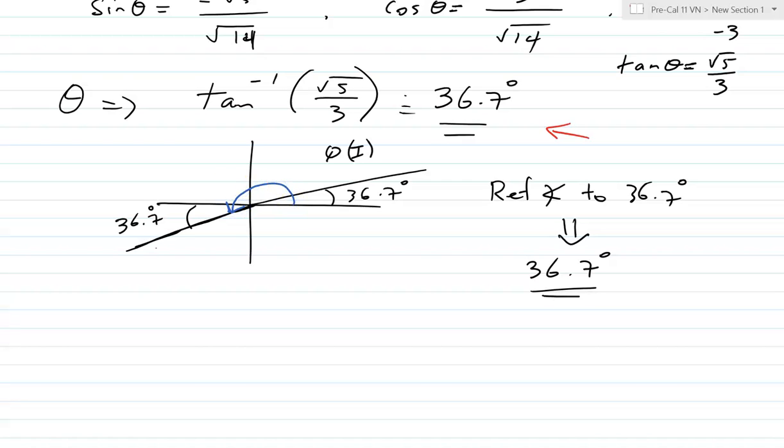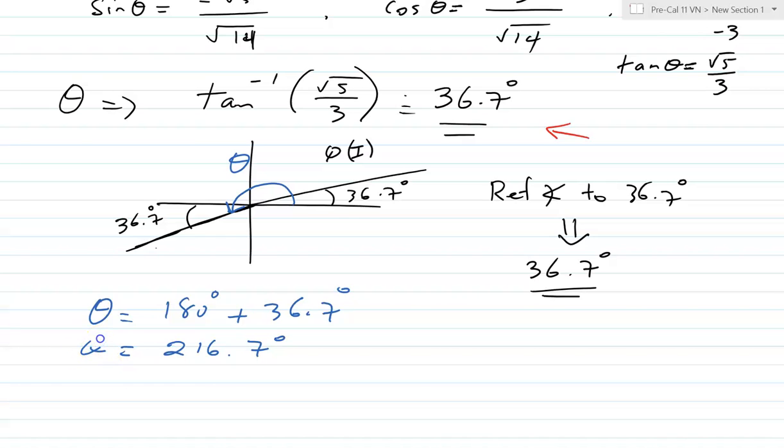So now the standard position angle is that. So what is theta? Theta now is actually 180 degrees plus 36.7 degrees, and that is 216.7 degrees. I think I'm adding this right. Yeah, it is. Great. All right.